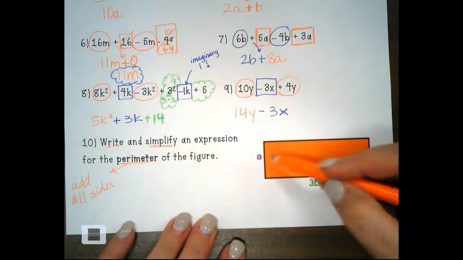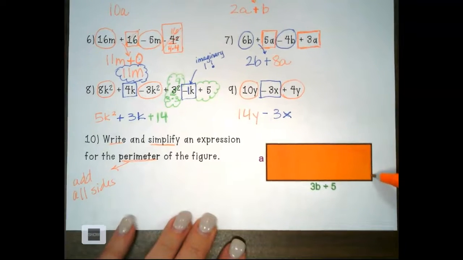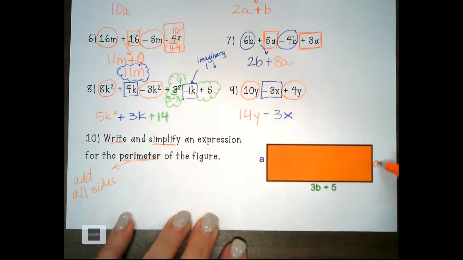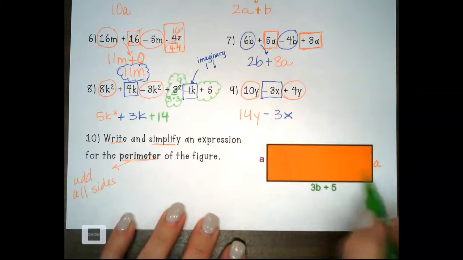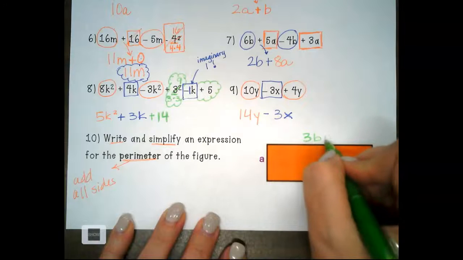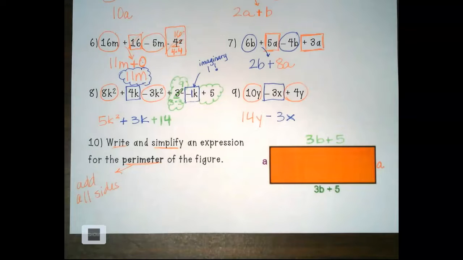We also know that opposite sides are congruent, or the same. So if this is A, we know this is also A. Oh, I probably should use those colors. And then if this is 3b plus 5, then this side is 3b plus 5. Okay? So now we just need to write the expression and put it together.